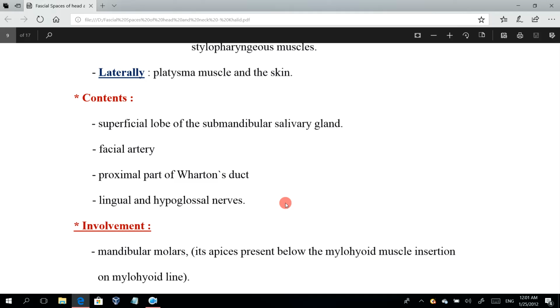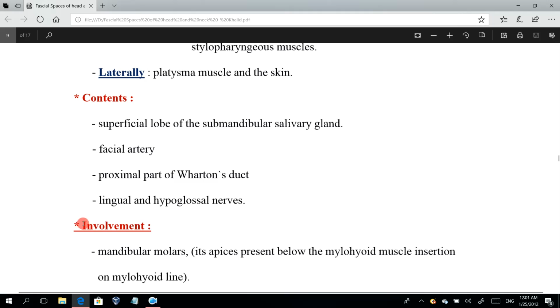All these things we talked about in the previous lectures. So I will repeat the contents, which is very important. The contents of the submandibular space are the superficial lobe of the submandibular salivary gland, the facial artery, the proximal part of Wharton's duct, the lingual and hypoglossal nerves.